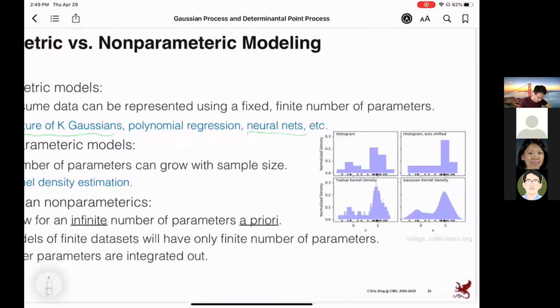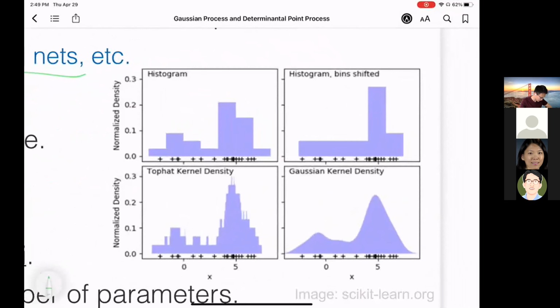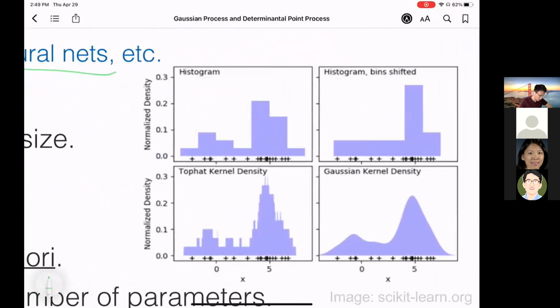So what do I mean by that? Let's look at this density estimation problem here. If I observe some data points, I can certainly draw their histogram, which is the first plot here. Based on this histogram, I can estimate what is the distribution of these data points I observed, right? So I can fit a density there. One way of doing this is through a non-parametric model, the so-called Gaussian kernel density.